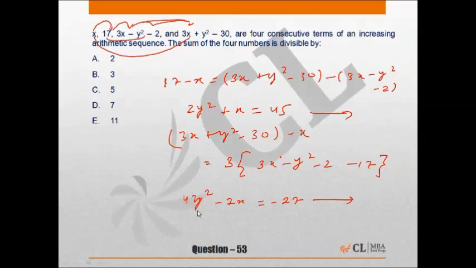In the first equation, the coefficient of y square is 2, and in the second equation it is 4. So in order to eliminate y square, we need to multiply the first equation by 2 and then subtract it from the second.